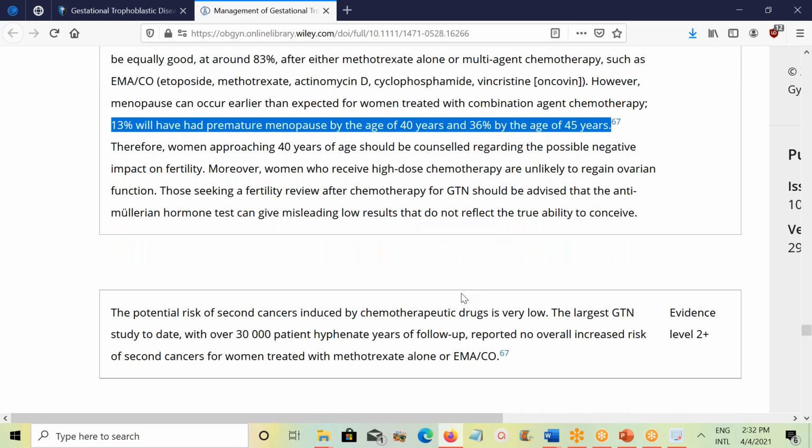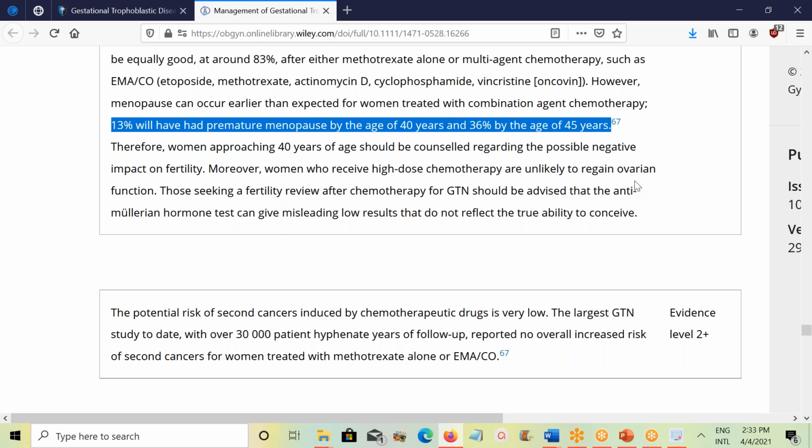Okay. So then advice for women near 40 years. If they are approaching 40, we will tell them that if we are giving them high dose chemotherapy, then there will be an impact on her reproductive potential. Sometimes they are unlikely to regain normal ovarian function once they have received chemotherapy for the GTN.